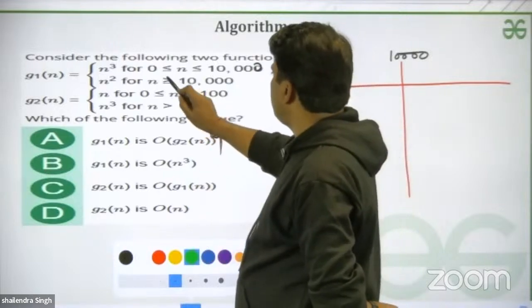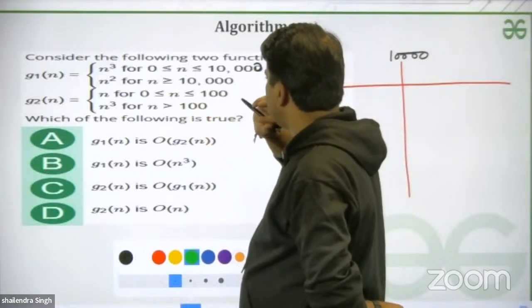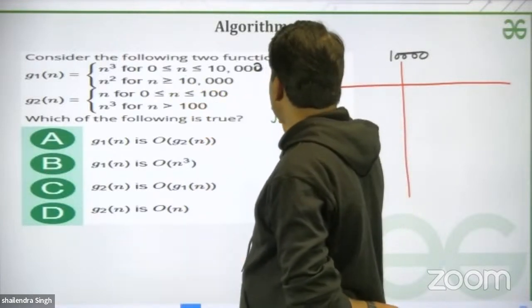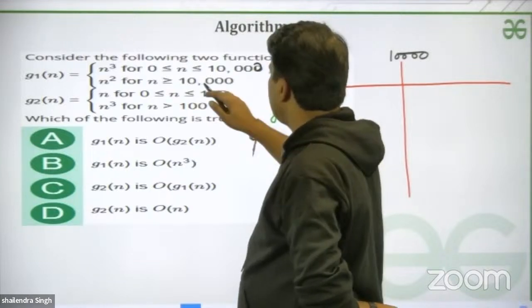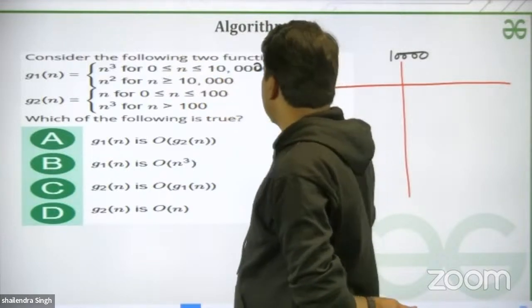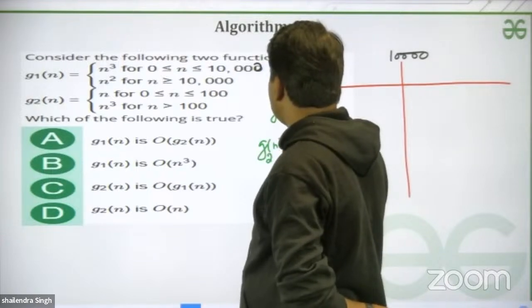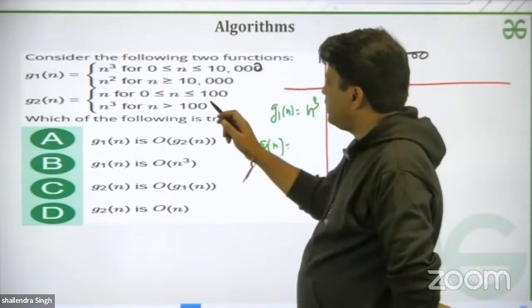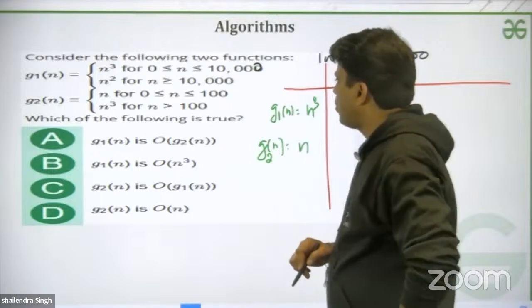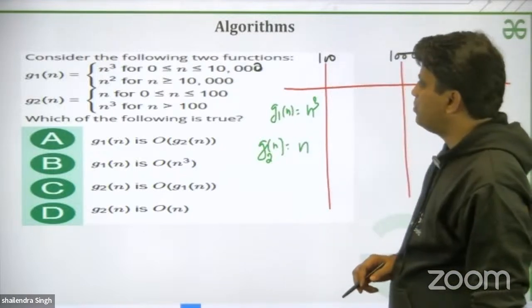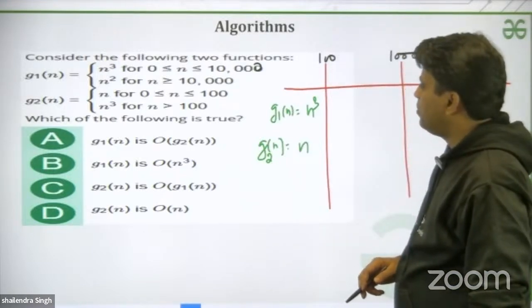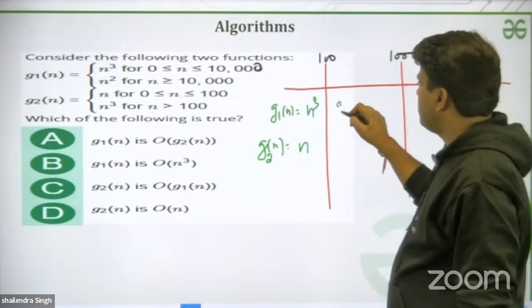So interval of 0 to 100, this is 0 to 10,000 and after 10,000. So G1n स्टूडेंट क्या कह रहा है, 0 to 100 इसी इंटरवल के बीच में होगा, दैट इज NQ. एंड G2n equals to what? 0 to 100, this interval given, this is n. Okay. Now 100 to 10,000, यही है G1n.